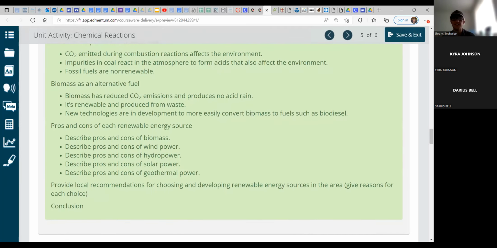New technologies are in development to more easily convert biomass to fuels, such as biodiesel. So we have technology, and it's getting more and more developed, where it is possible to use biomass and scale that up, right?